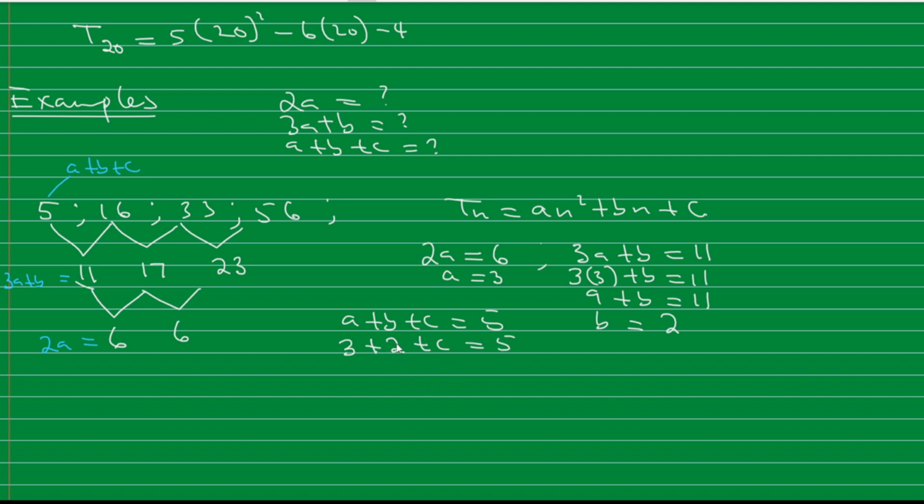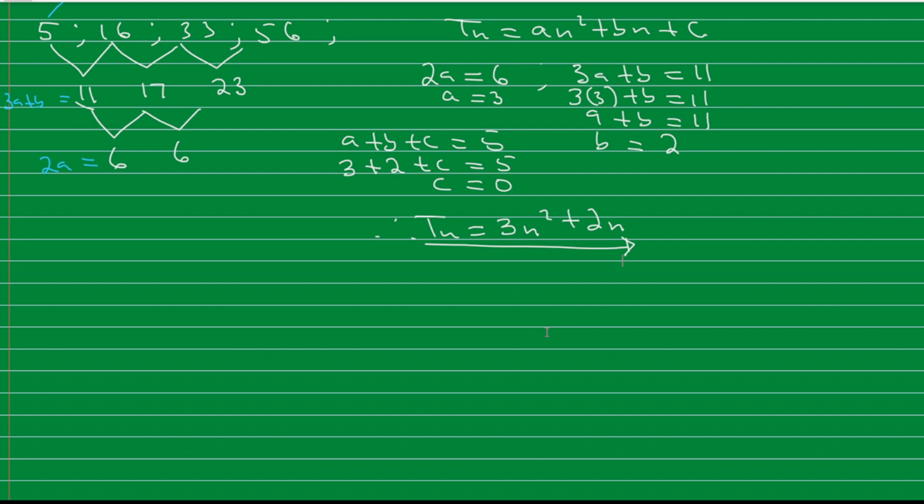So our C is 0. Therefore, what will be my Tn? A is 3, so that will be 3n squared, plus B, which is 2n, plus C, which is 0. That will give us the general term of the sequence.